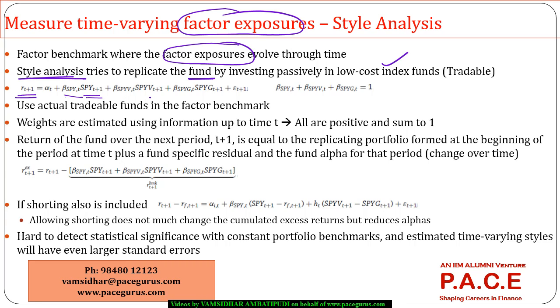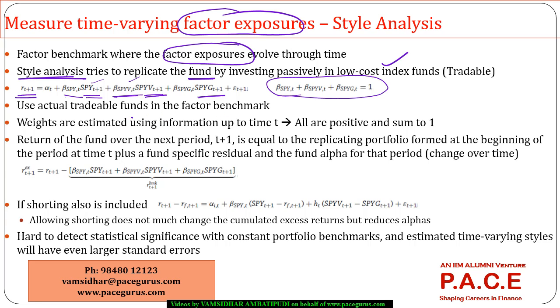Similarly, we are talking about the value at time t plus 1, multiplying it with another beta. So betas are all coefficients. Growth at time t plus 1. And so on, so these are all different kinds of styles. And we have segregated the betas, which are the weights across the value, the growth and the other style, in such a way that they sum up to 1.